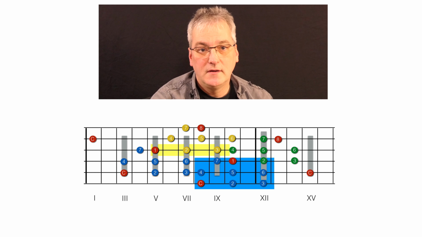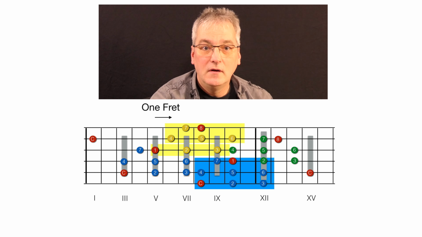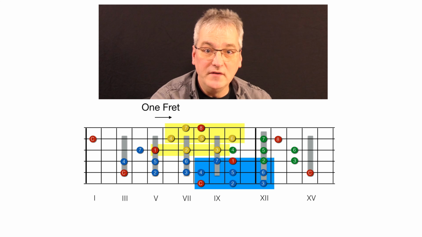Now let's compare this new shape with the original one in blue. The lowest pattern is the same as the others, but the next pattern on the 1st and 2nd strings is moved up by 1 fret.